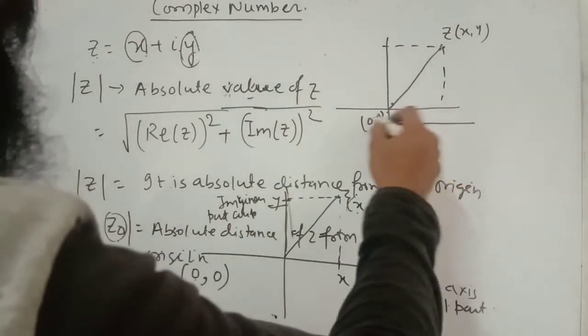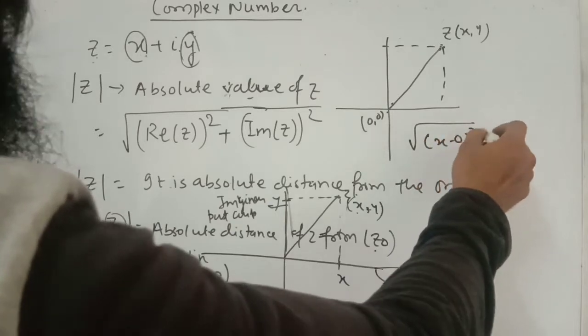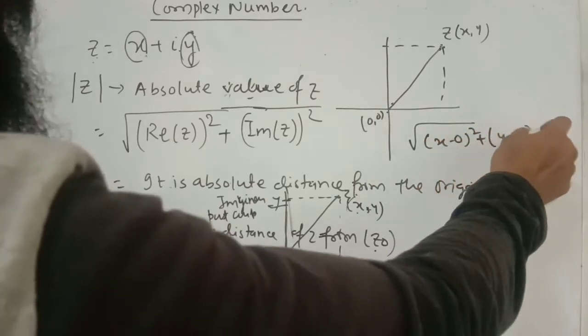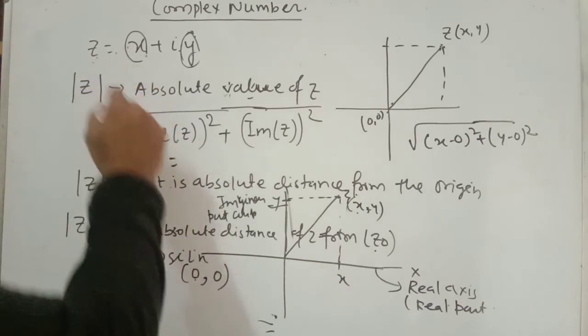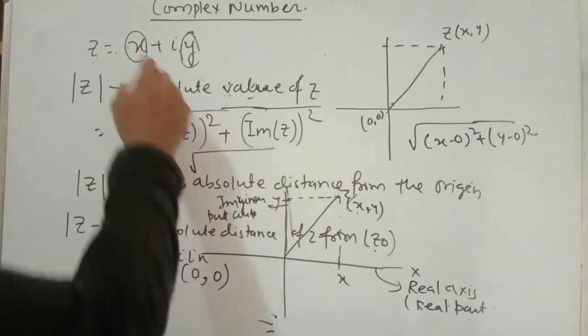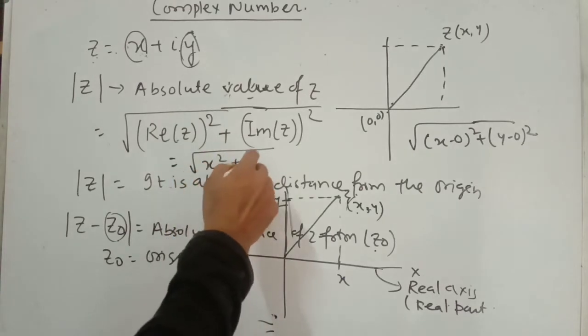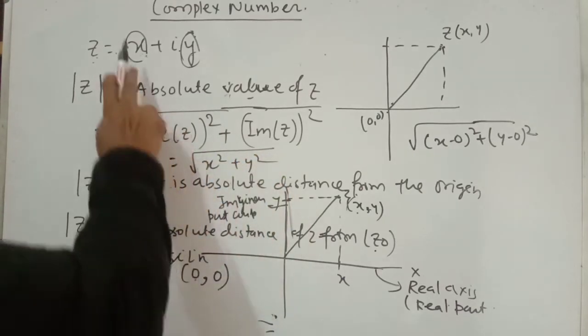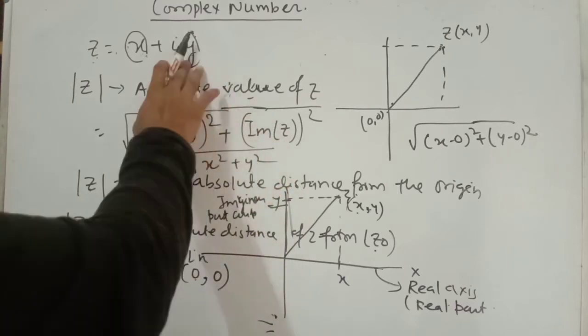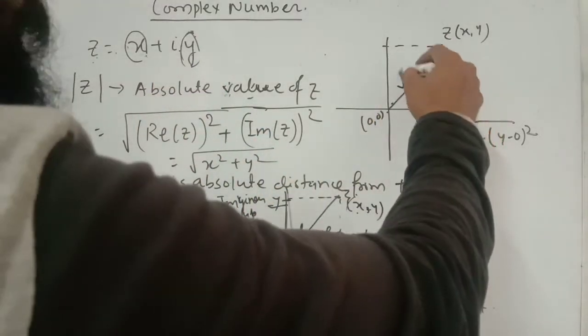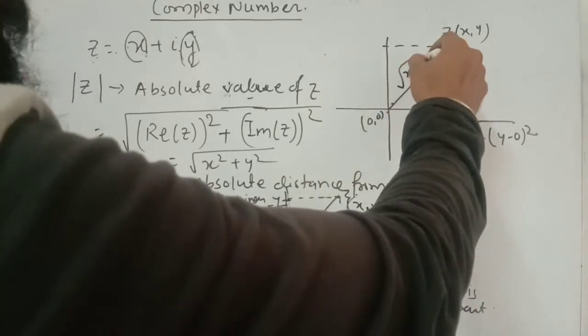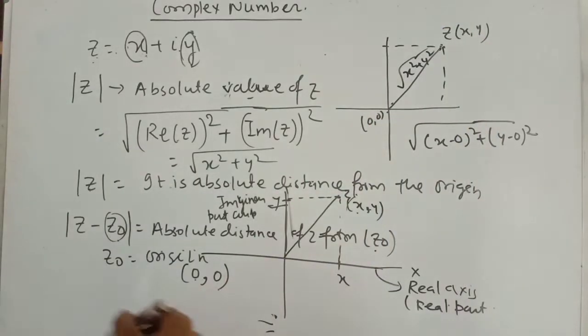So you can write the square root of (x minus 0) squared plus (y minus 0) squared. When you find the modulus of the complex number, you get the square root of x squared plus y squared, because the real part of z is x and the imaginary part is y. So with the help of the Argand plane, the modulus is the square root of x squared plus y squared.